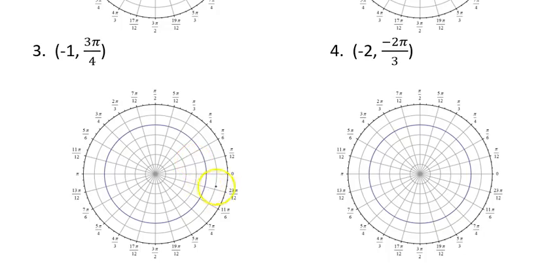Now we're going to go to a couple that have that negative radius I was talking about. We'll be on that first circle, radius 1. And we're going to go to 3 pi over 4. So circle radius 1, go to 3 pi over 4, which is right here.